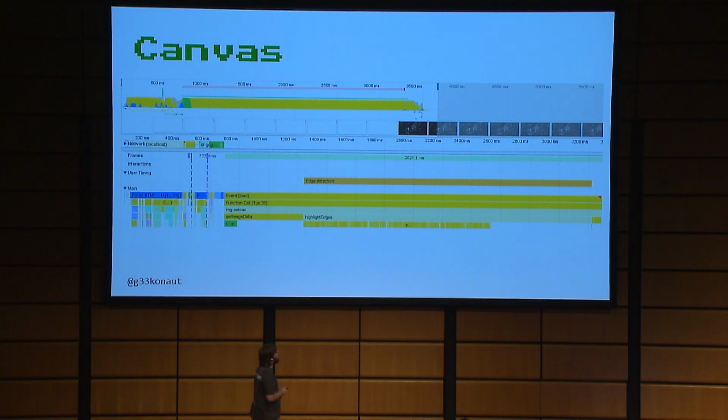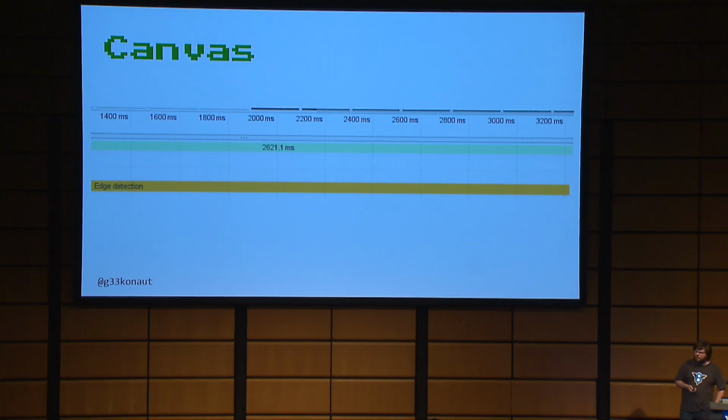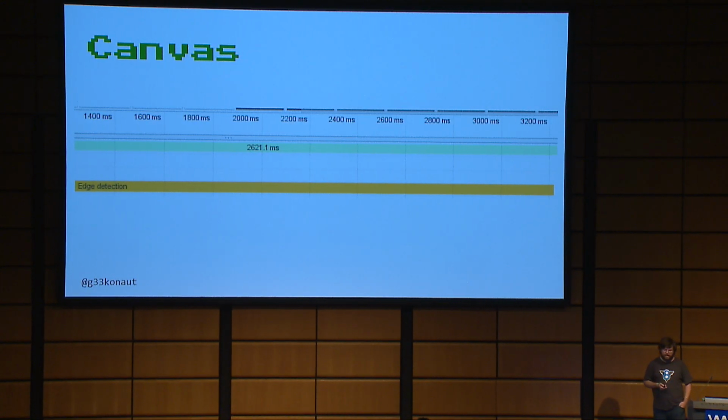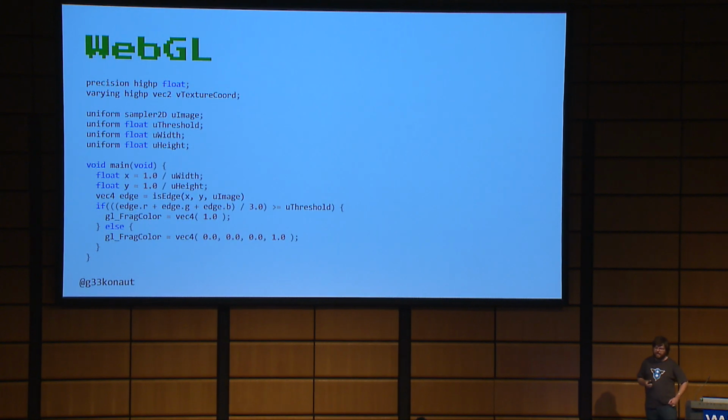For 2 seconds, we're not really doing much, and it's entirely JavaScript work. The browser can do that because it only displays the result after it has finished this actual task. This is like 2.6 seconds, so I was a little easy on them. It's actually 2.6 seconds.